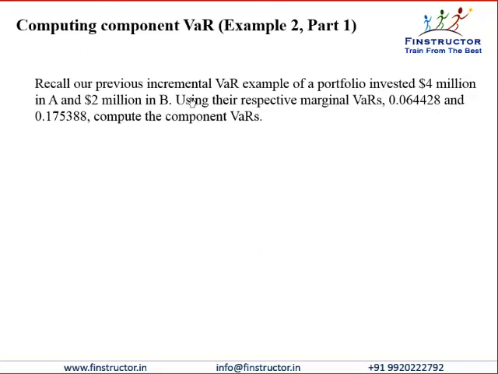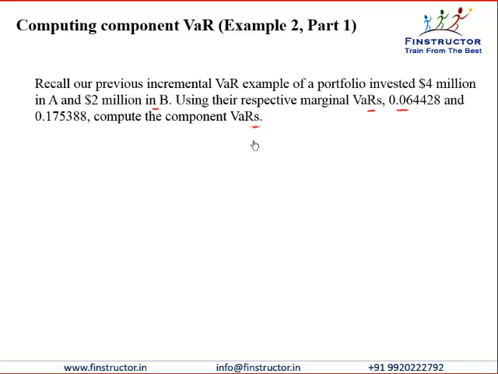Recall a previous incremental VAR example of a portfolio invested $4 million in A and $2 million in B. Using their respective marginal VARs of 0.064428, similarly we can calculate for B, that is 0.175388. Compute the component VARs.